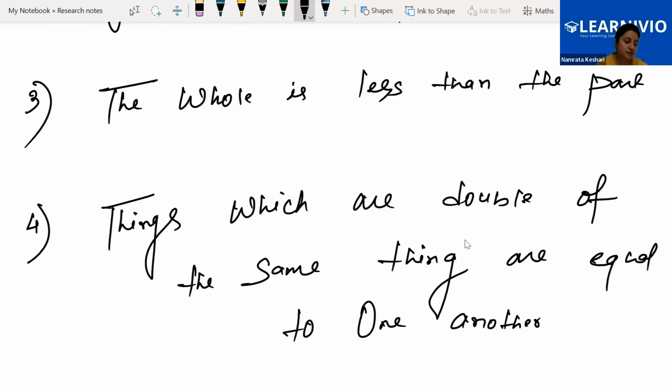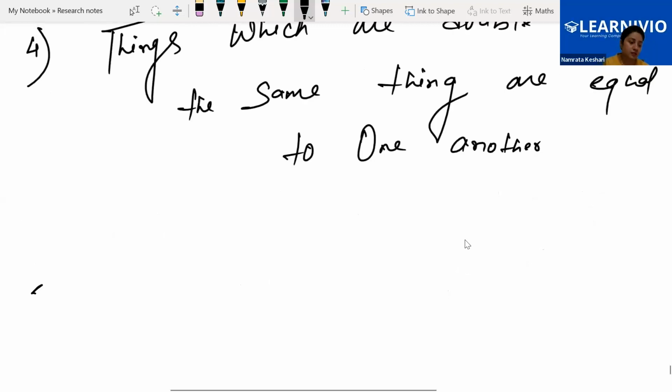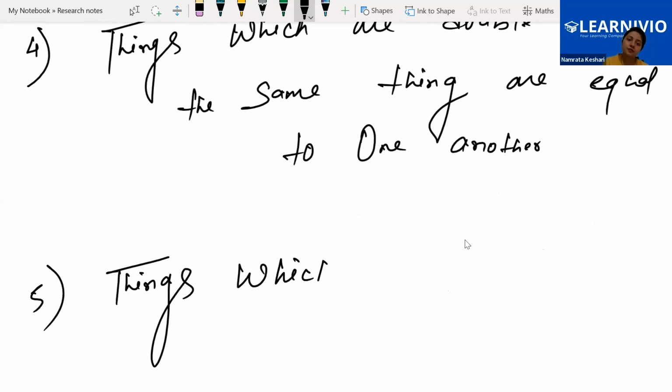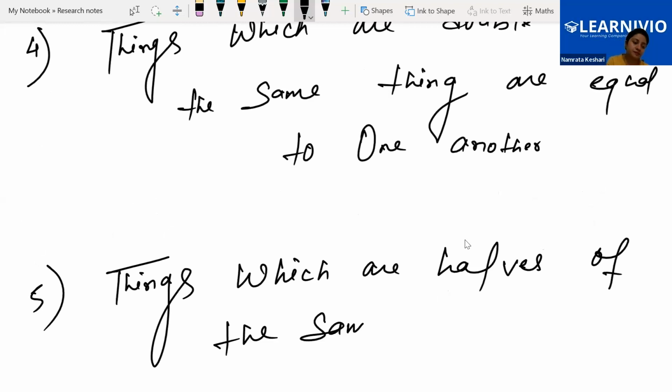Next is things which are half of the same thing are equal to one another.